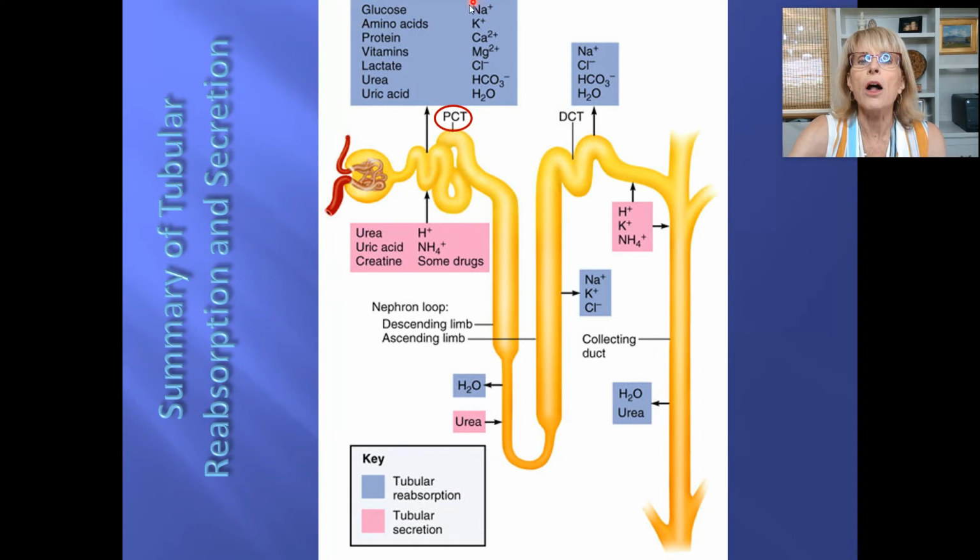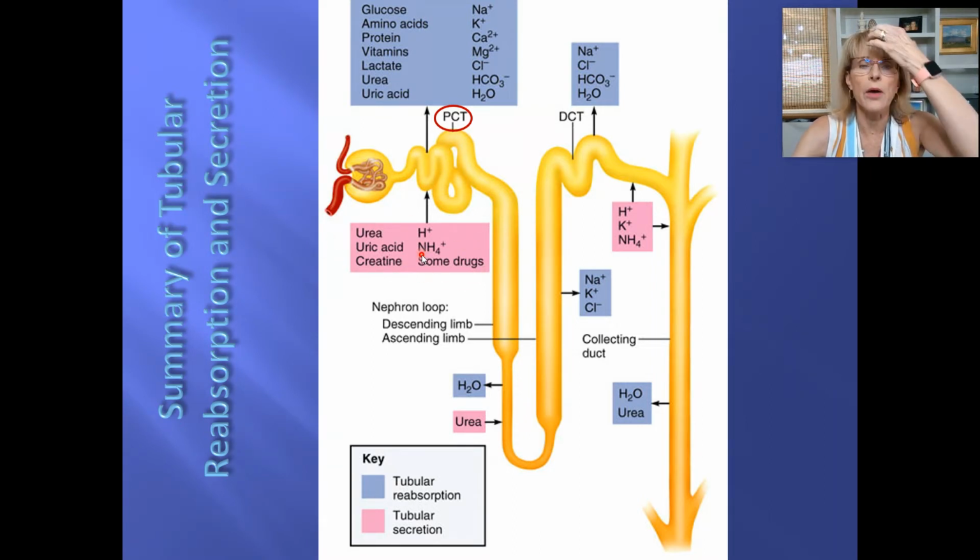All right. All of these things are also getting, most of them, actively reabsorbed. Water is passively reabsorbed there at the proximal convoluted tubule. Now, what is being actively secreted? Now we're talking about tubular secretion.